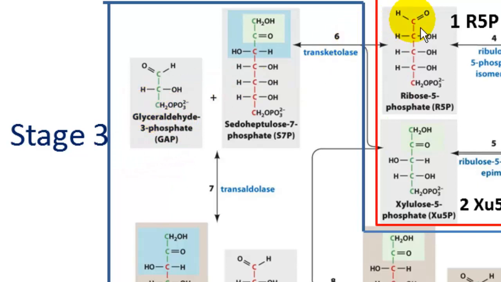So when one molecule of R5P reacts with one molecule of xylulose 5-phosphate, the transketolase reaction gives you sedoheptulose 7-phosphate, a 7-carbon sugar, and a 3-carbon sugar in the form of glyceraldehyde 3-phosphate.